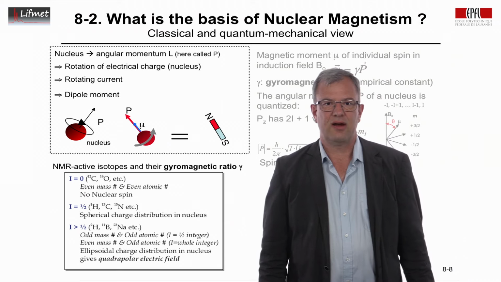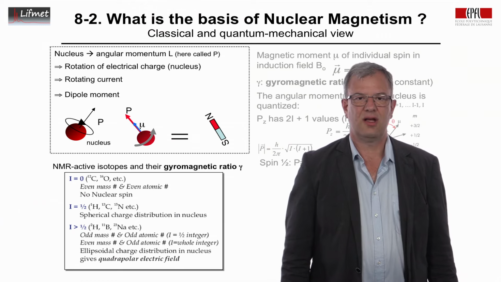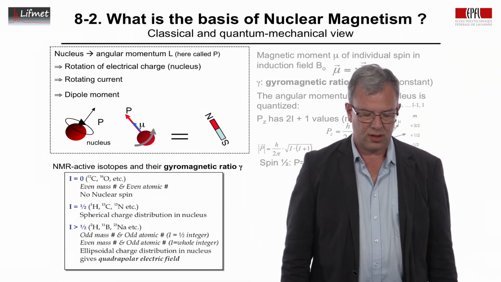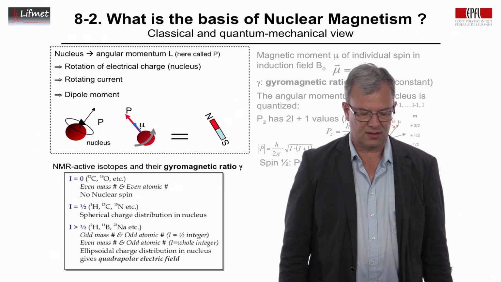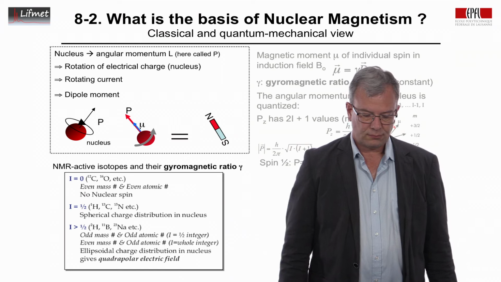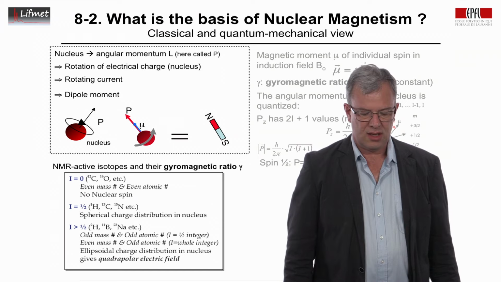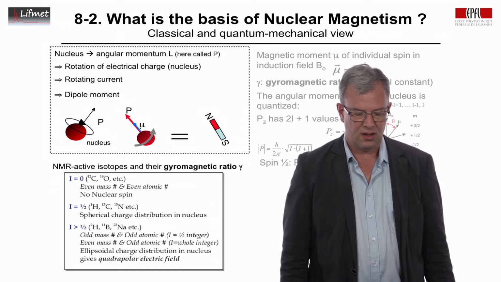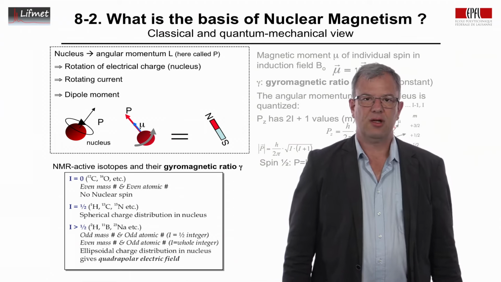They are characterized by a spherical charge distribution in the nucleus. And then we have the spins that are larger than spin 1/2. Deuterium is an example, boron 11, sodium 23, lithium 6 is another one, lithium 7, etc. Depending on whether they have odd or even mass and an odd atomic number, they carry either half integers, so they're 3/2, 5/2, etc., or a whole integer, they're spin 1, 2, 3, etc. What's particular about these nuclei is that they have an ellipsoidal charge distribution.